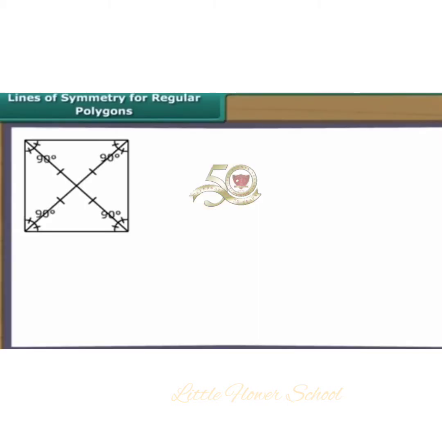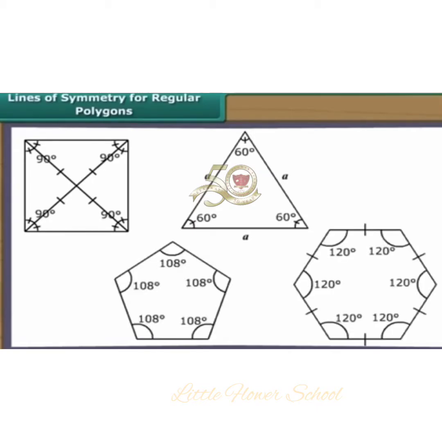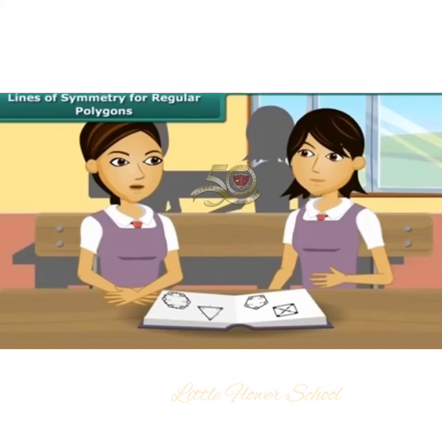Therefore, a square, an equilateral triangle, a regular pentagon, a regular hexagon are examples of regular polygons. There all the sides are equal and the measures of their angles are also equal. Are the regular polygons symmetrical? Yes, the regular polygons are symmetrical figures and have many lines of symmetry.